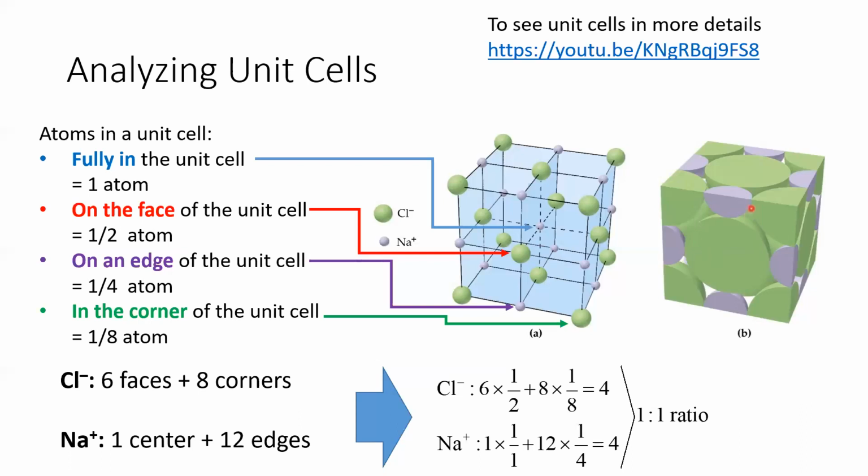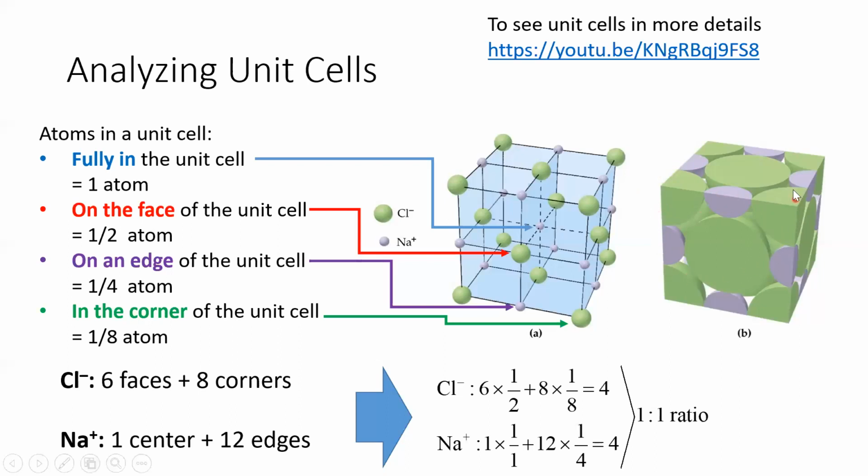If we were to look on the faces, we have 1 on the top, 1 on the bottom, and 4 along each side. So there are 6 on the faces of this unit cell, and each of them is 1/2 of the chloride ion. The edges are 1/4 of each sodium. And the chlorides at the corners are 1/8 of each chloride ion.